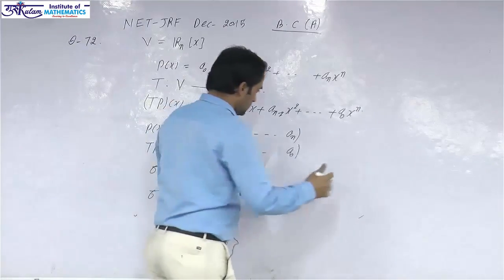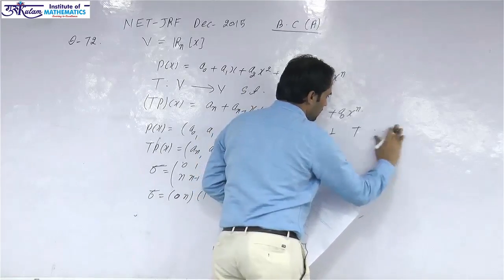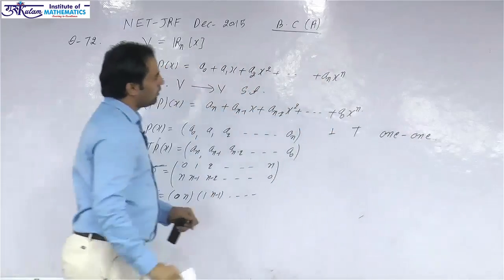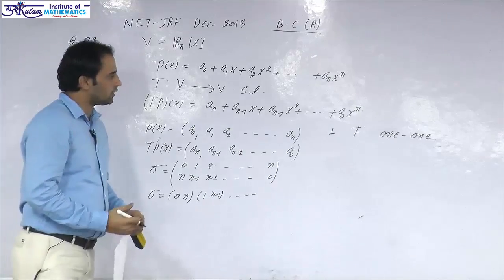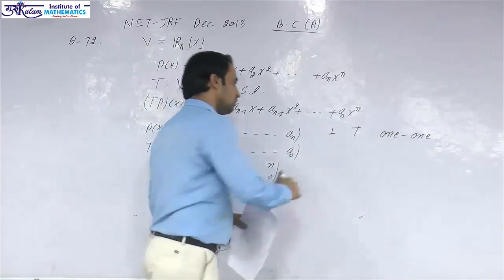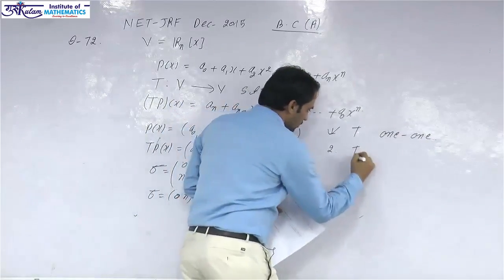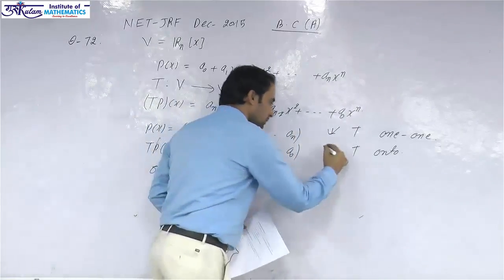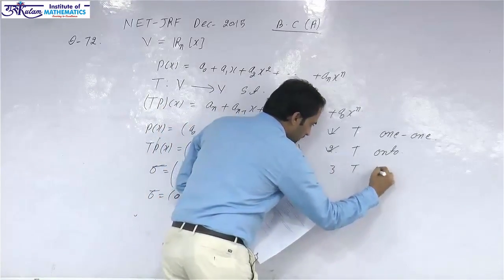So the first option is T is one-one. We know that the determinant of a permutation operator or permutation matrix is always either 1 or minus 1, that is, this permutation operator is always non-singular. So the first option is correct. The second option is T is onto. Again, a non-singular operator, so T must be an onto operator. The third option is T is invertible.